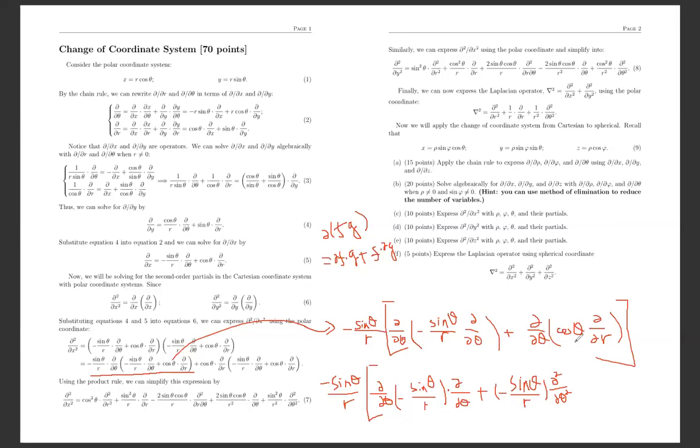Okay, same thing here. You apply the product rule because this is a product of two functions.